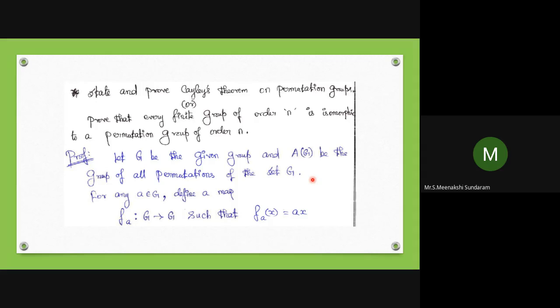Define a map. How can I define it, with suffix a indicating f_a? So f_a from G to G dash such that f_a of x is equal to ax, multiplying this term. I can define the map this way.